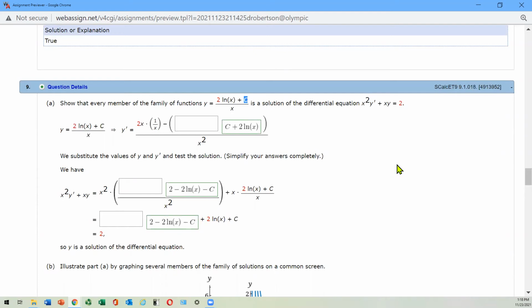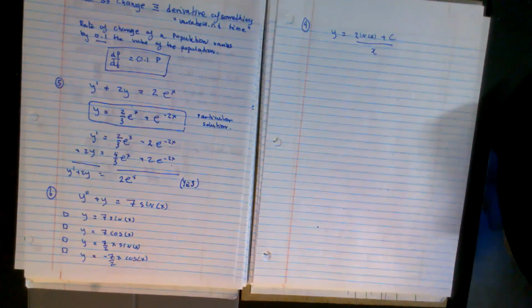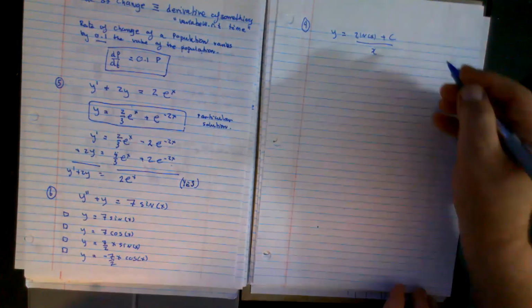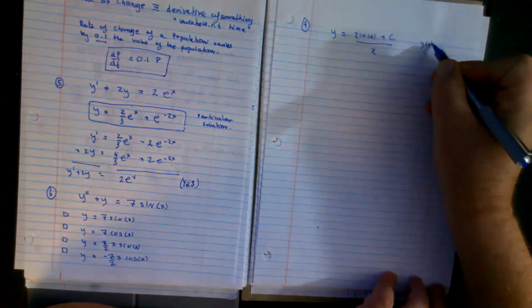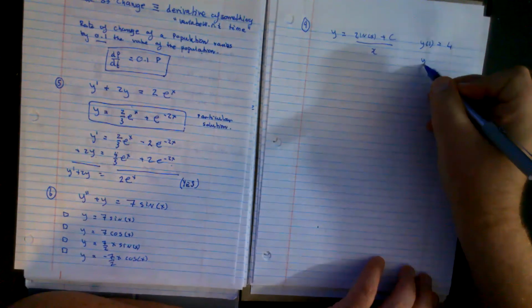And we're going to solve for this and find a particular solution, just one of those many curves. And the one we want is the one that has the property that, let's read it out again, that y of 1 equals 4. Y of 1 equals 4 is basically saying y equals 4 when x equals 1.